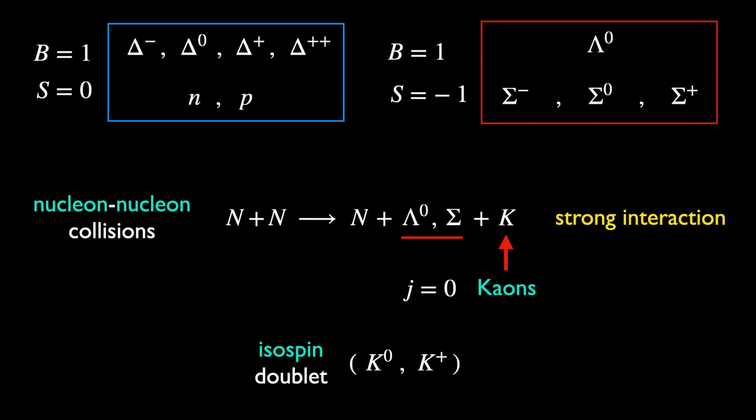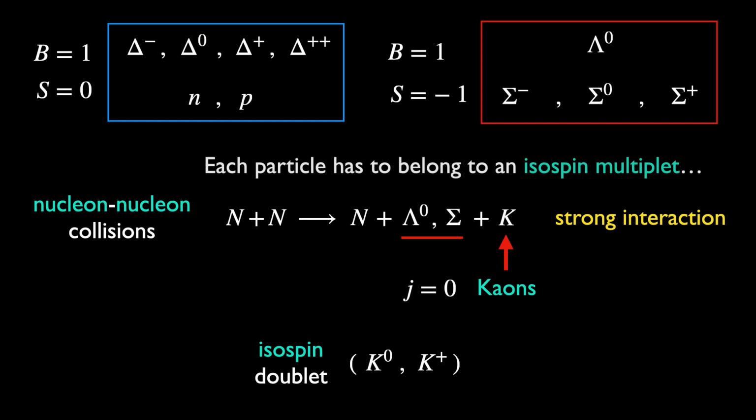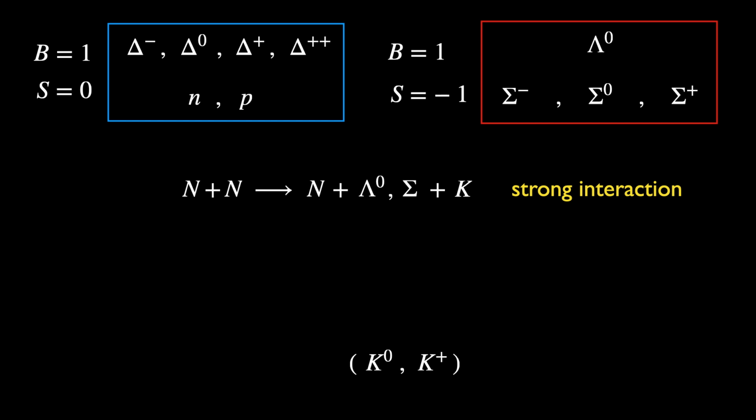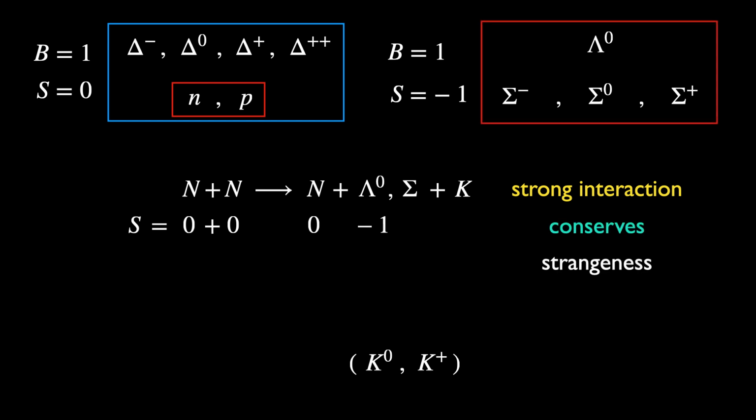In fact, any particle that participates in the strong interaction belongs to some isospin multiplet, or else they won't transform in a well-defined way under isospin transformations. The Kaons have masses that are lighter than the nucleons. Assuming that the strong interaction conserves strangeness, the Kaons must then have a strangeness of +1.